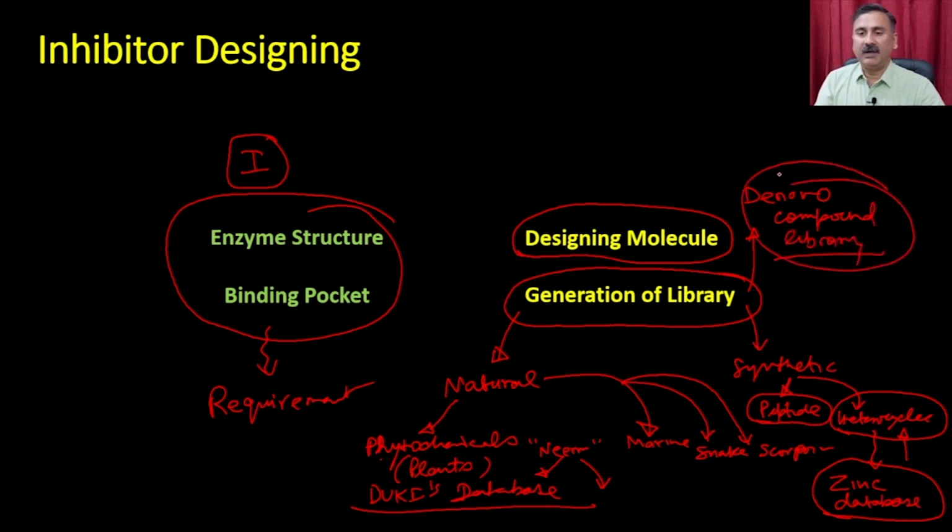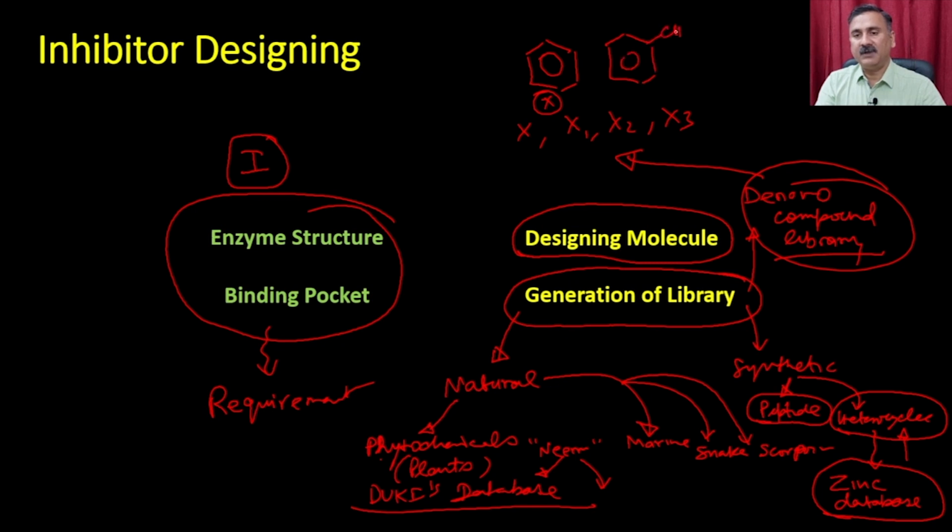This means you can have the different types of libraries, like for example X, X1, X2, like that, okay? For example, you have a benzene, right? This is X, okay? Now what I do is I'll modify and put CH3, that is X1, okay? I'll modify like this, I'll put OH here, that will be X2.